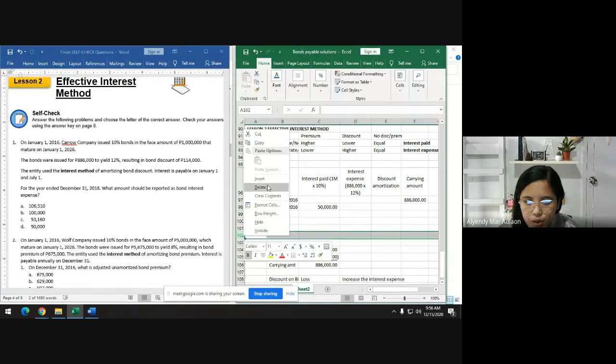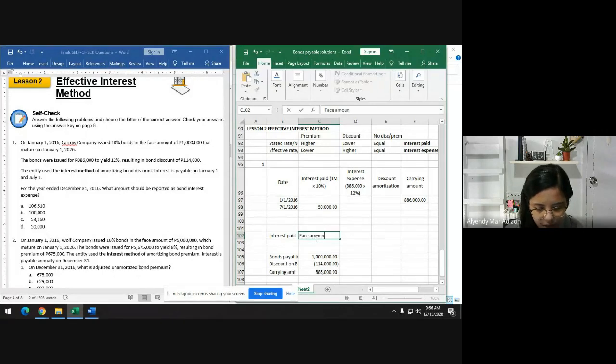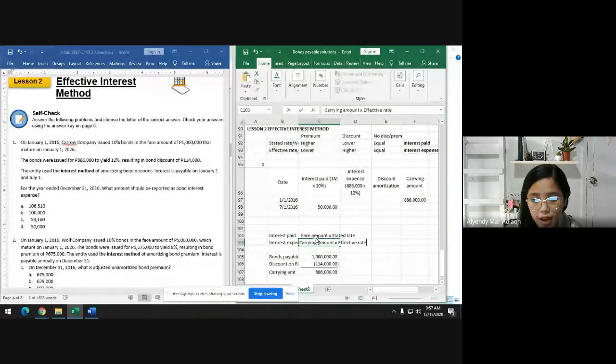To guide you: interest paid is face amount times stated rate. Interest expense is carrying amount times effective rate.